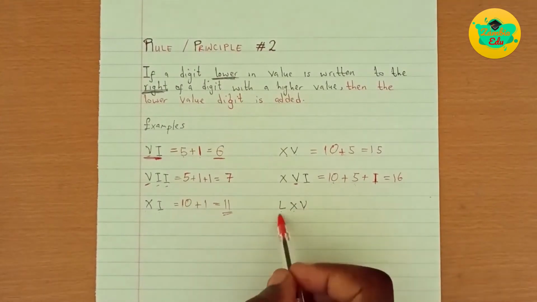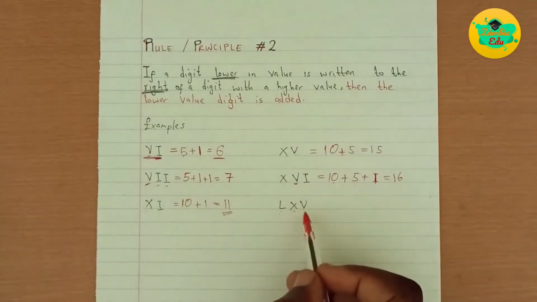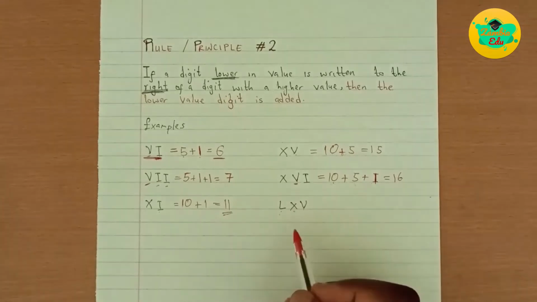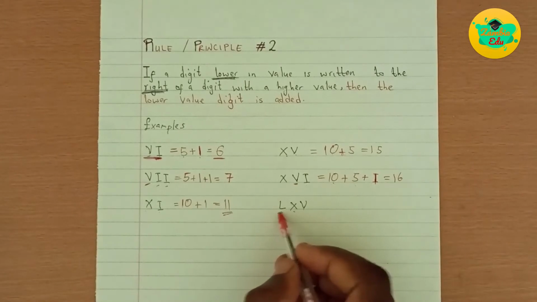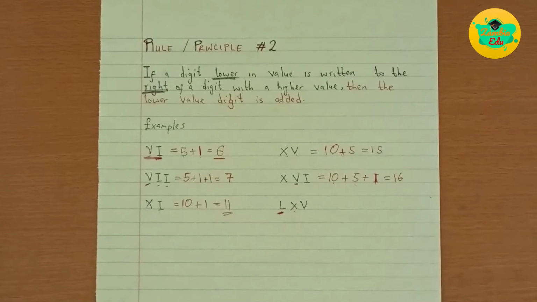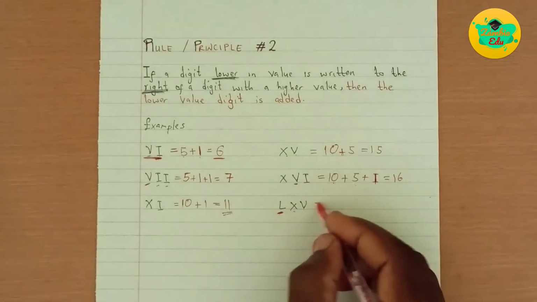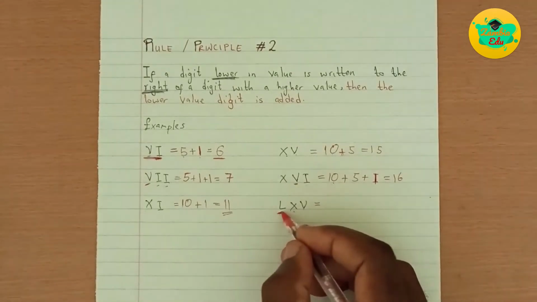LXV. So L is 50, X is 10, V is 5. We are seeing the higher value symbol is coming first there, and on its right we see two other symbols which are smaller in value following, so which means we're going to add them to the value of the higher digit.